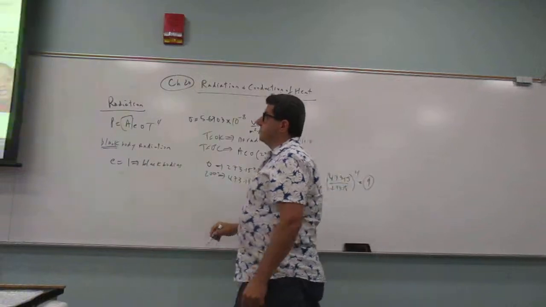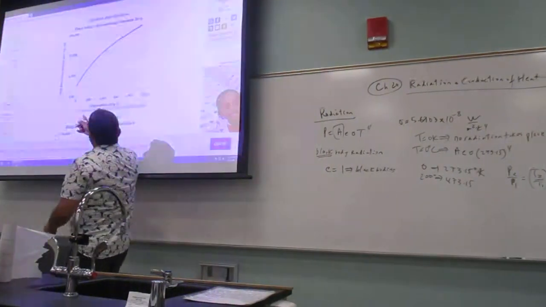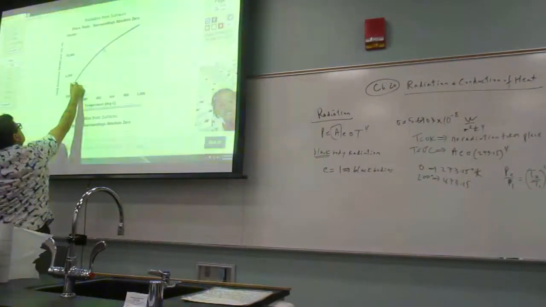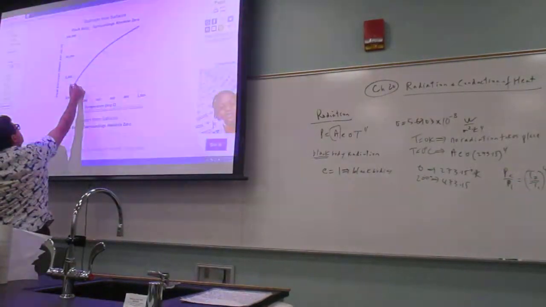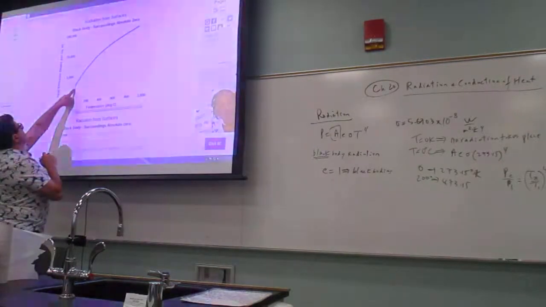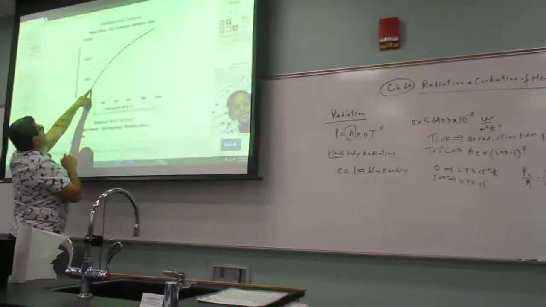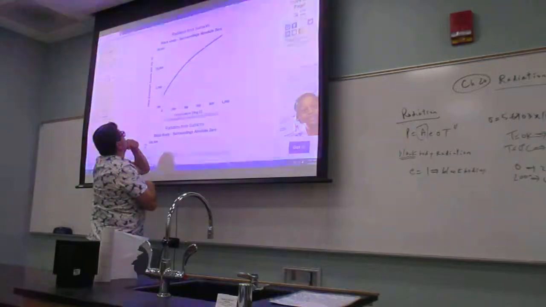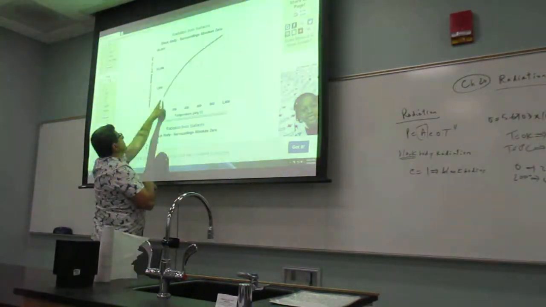So that means, if the power radiated at 0 Celsius, what was that? Well, we can't tell because it looks like this is a log scale. I can't tell what this number is. But whatever that number is, that one should be 9 times more.